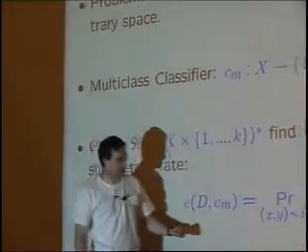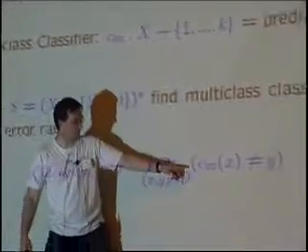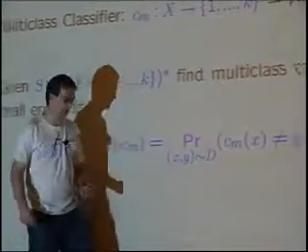That means the probability that you predict wrong from your D is small. And once again, throughout everything, I'm not assuming that these samples are actually drawn from D. It's not going to be the analysis. This should be straightforward because you've seen binary classification. Just more labels.